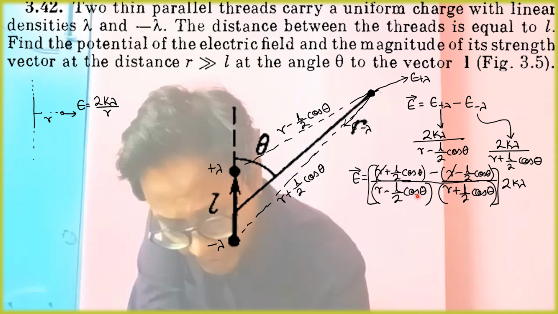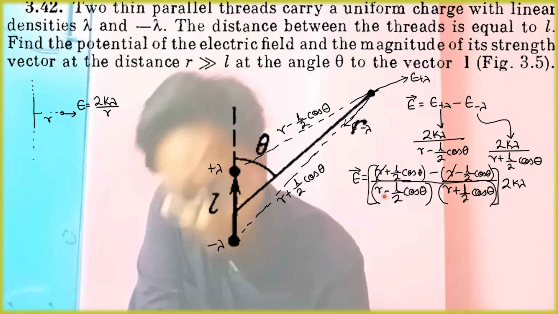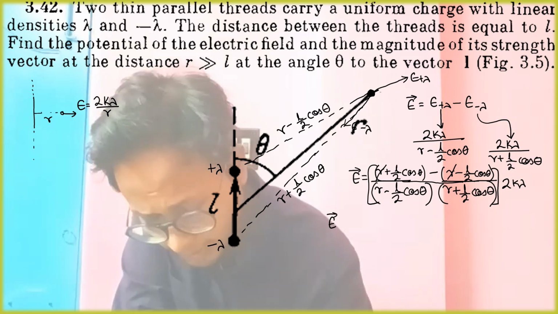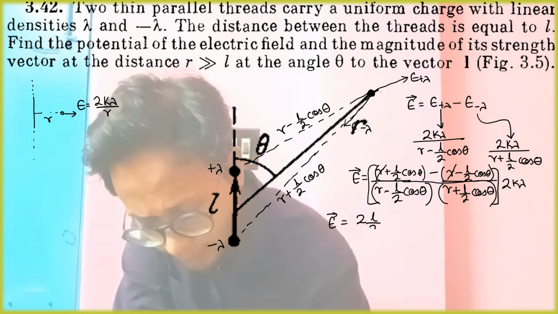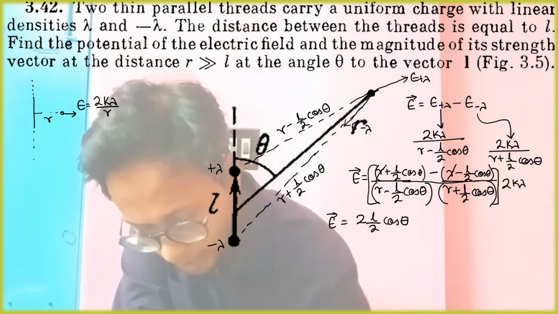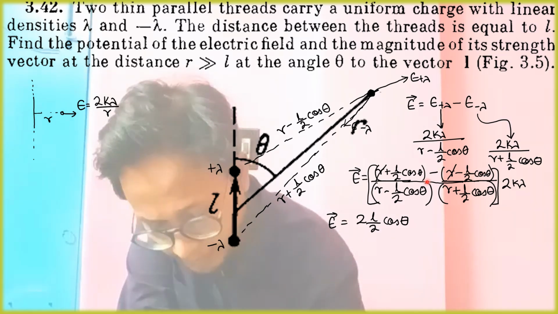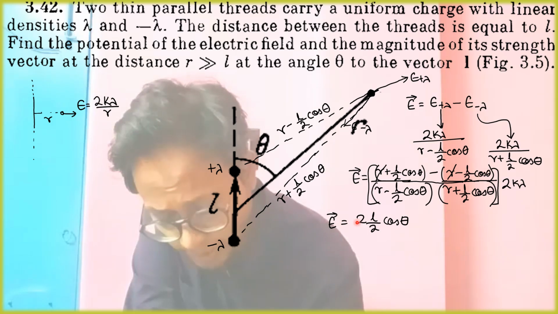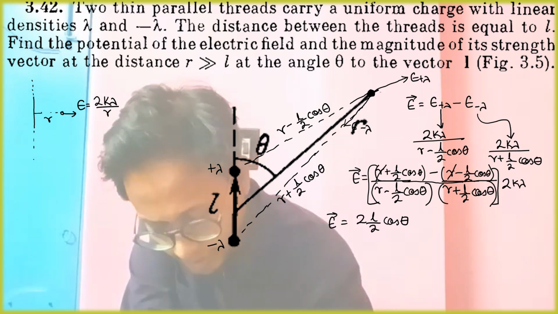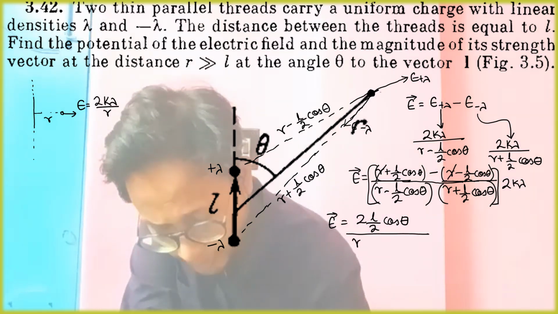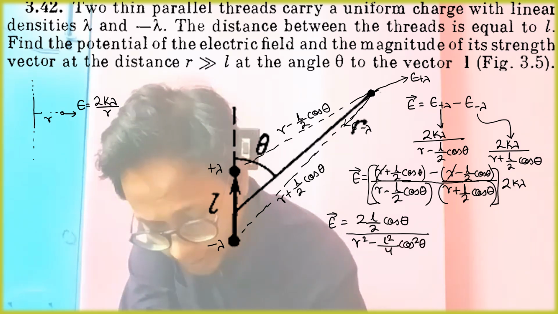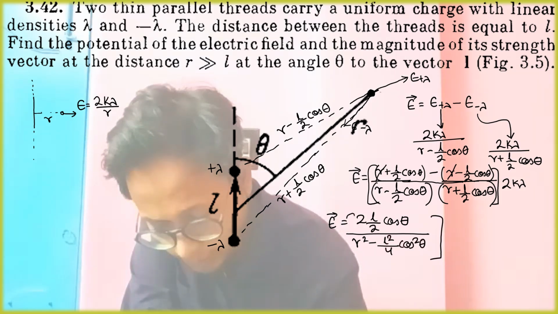This is nothing but a minus b into a plus b, which is a square minus b square. So the electric field is nothing but 2 into L by 2 cos theta. Why? Because minus and minus becomes plus, and L by 2 cos theta plus L by 2 cos theta becomes 2L by 2 cos theta, divided by r square minus L square by 4 cos square theta, a square minus b square, into 2k lambda.